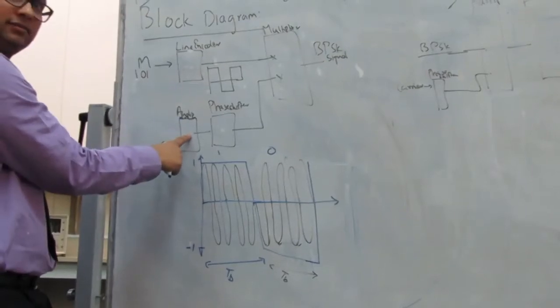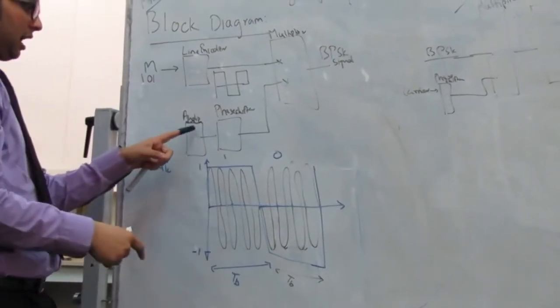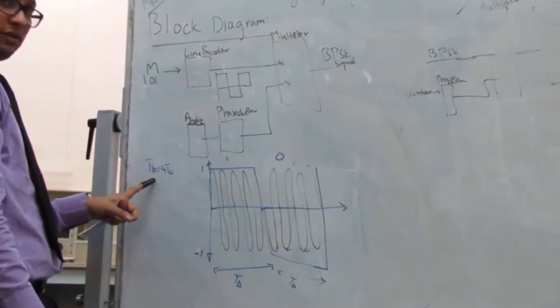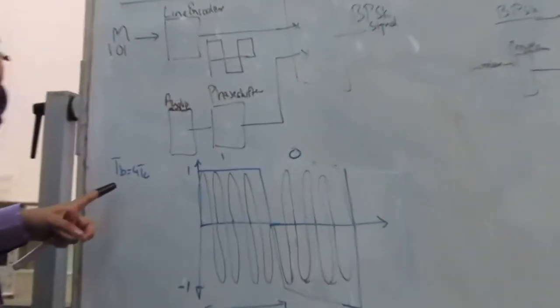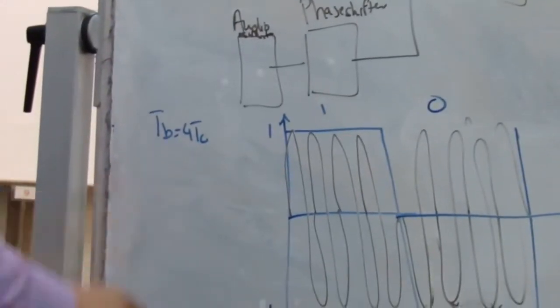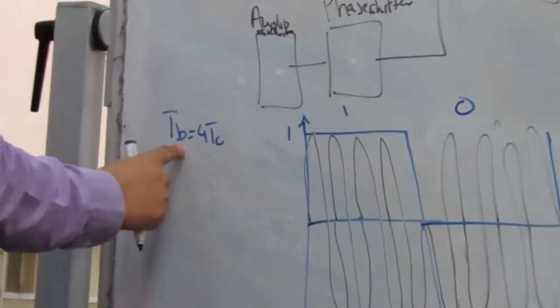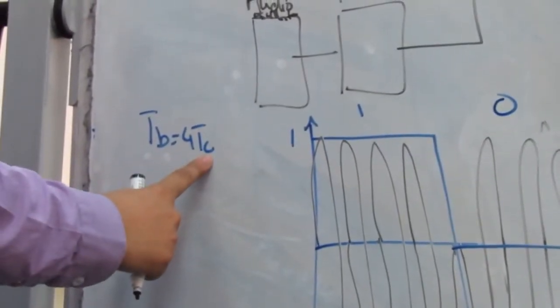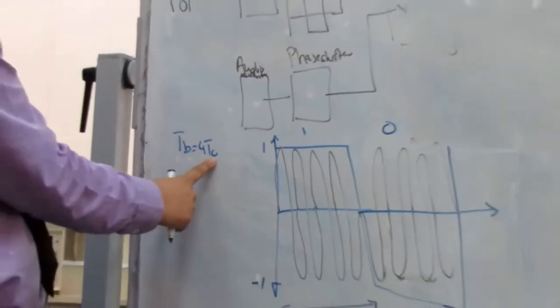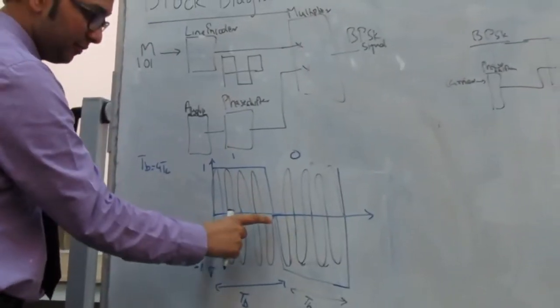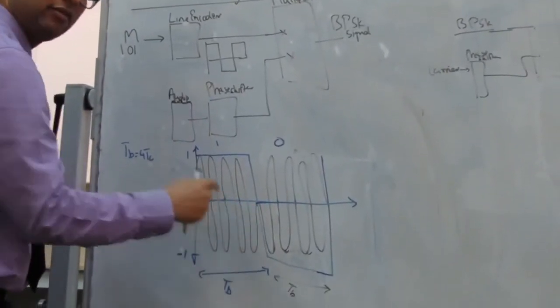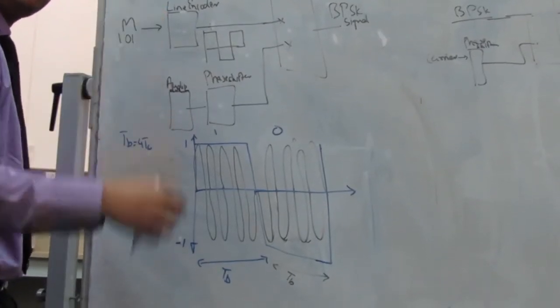I have a carrier, and I need to always ensure this one. This is already ensured in the TIMS modules. The bit clock time period is actually 4 times the carrier time period, which means in each bit you will have 4 periods of carrier.